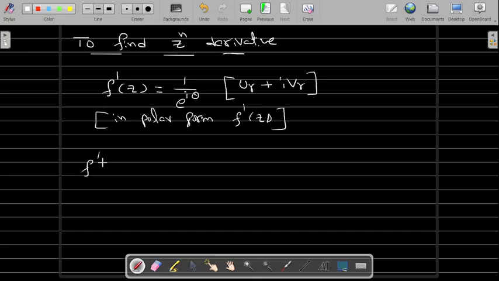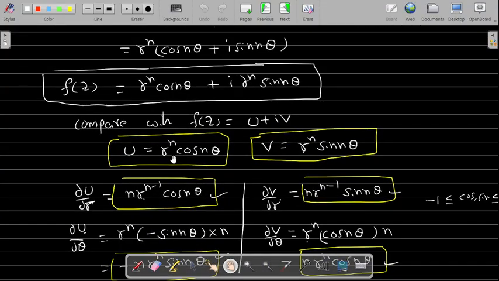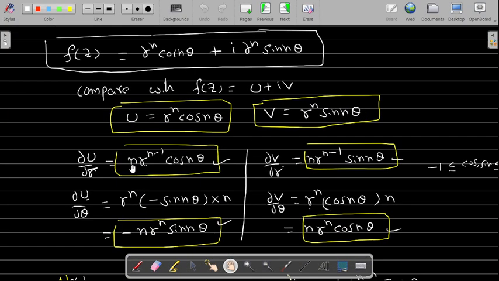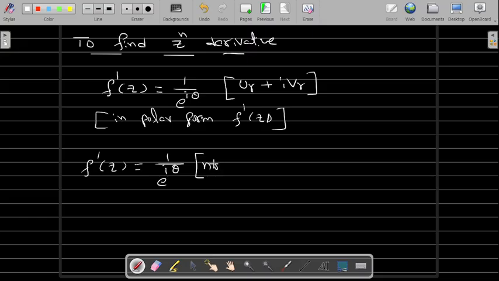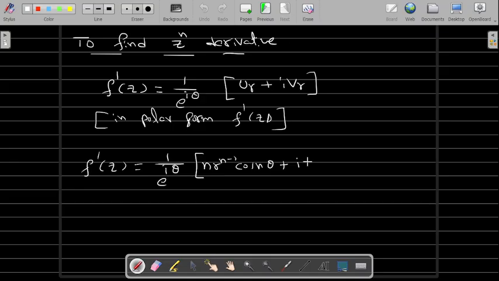So f dash of z equals 1 by e power i theta, ur, which you just calculated, n into r power n minus 1 cos n theta, plus i into vr, n into r power n minus 1 sin n theta.